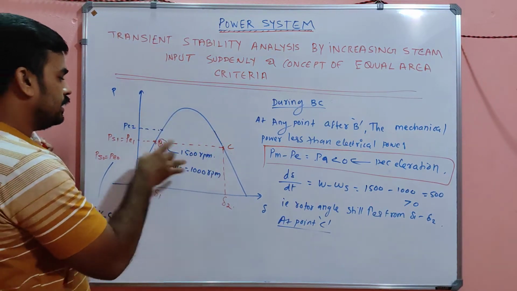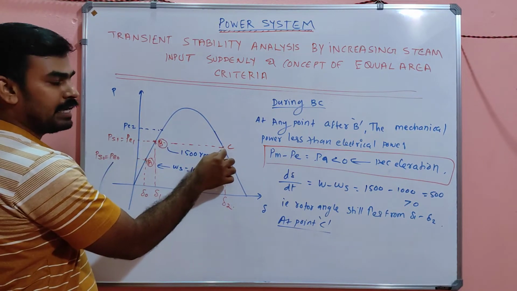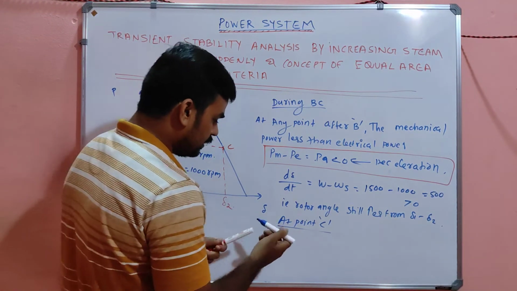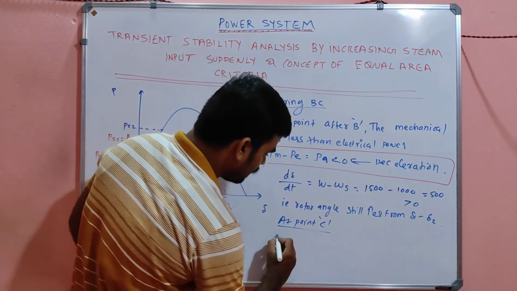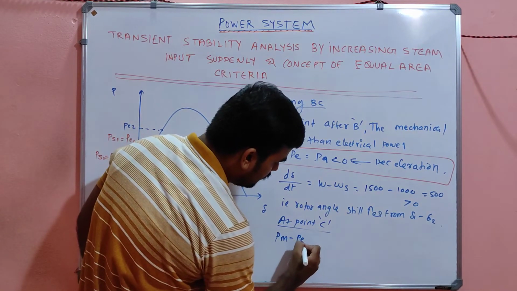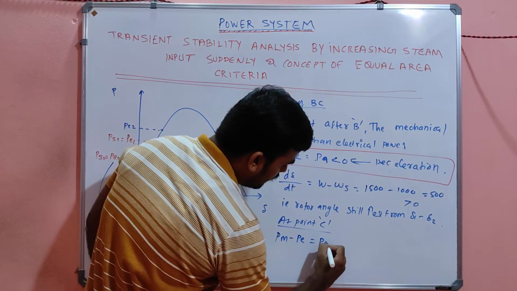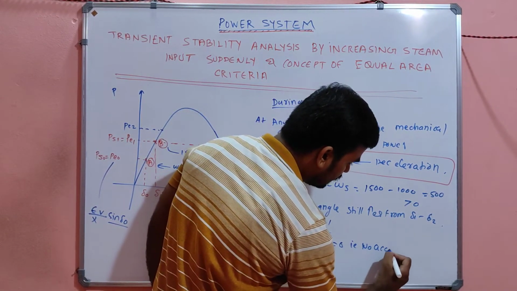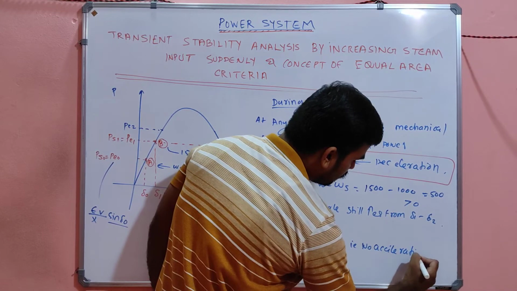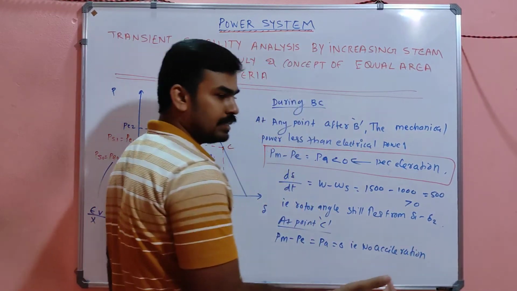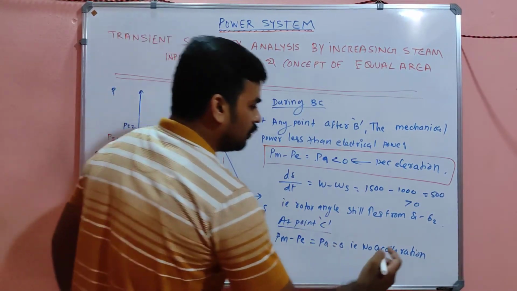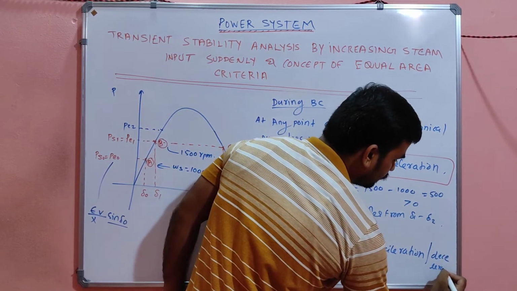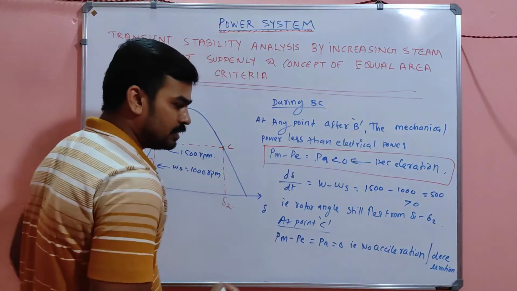At the point C, PS1, the mechanical power and electrical power coincide with each other. So at the point C, PM minus PE, which is PA, equals 0. That means there is no acceleration or deceleration.